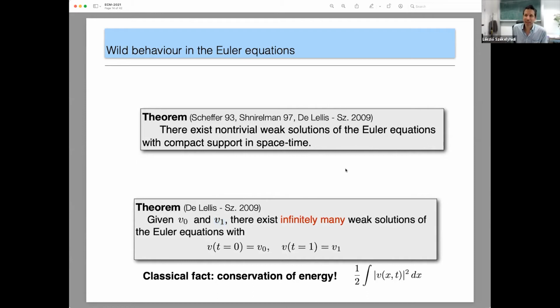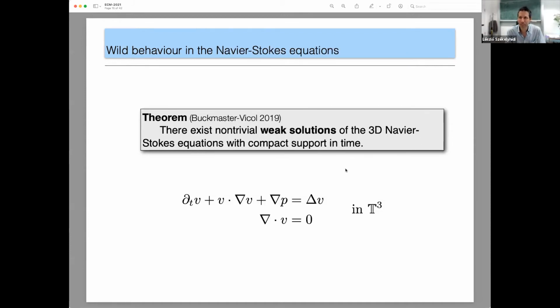You might say that this is maybe something that's just wrong with the inviscid limit. Let's look at the viscous case, the Navier-Stokes equations, but the same problem actually appears. And this was proved in a remarkable paper quite recently by Buckmaster and Vicol. Essentially the same statement: there are non-trivial weak solutions with compact support in time.